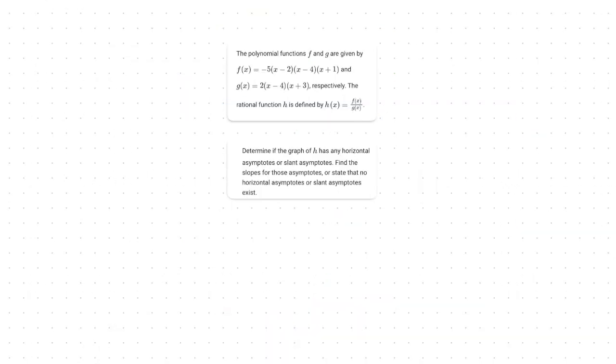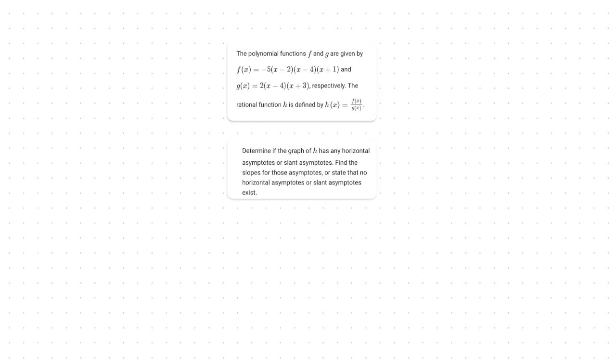All right, this final question. Determine if H has any horizontal asymptotes or slant asymptotes. Find the slopes for those asymptotes, or state that no horizontal asymptotes or slant asymptotes exist. Okay, I would say out of difficulty, this is the second most difficult, but it's honestly not that far from the first question.